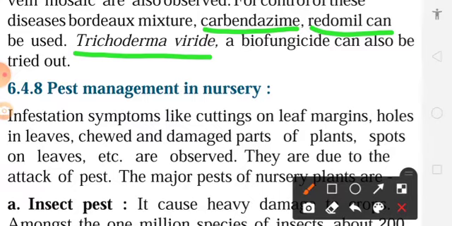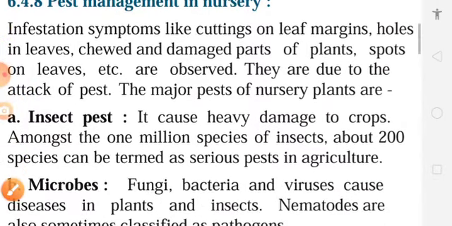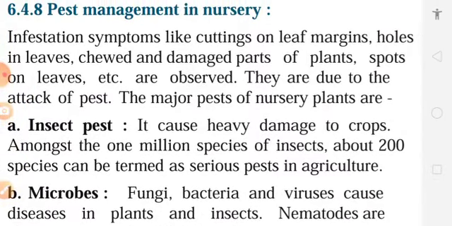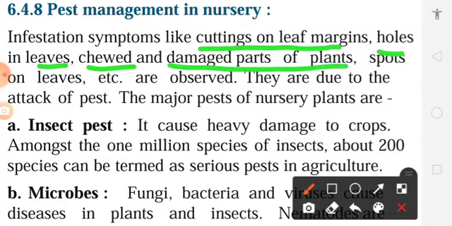Pest management in the nursery: the nursery may have been developed very properly, but the plants in the nursery may get infected by many pests. They may cause cuttings on leaf margins, holes in the leaves, or the leaves may be chewed, and some parts of the plant may be damaged by pests.